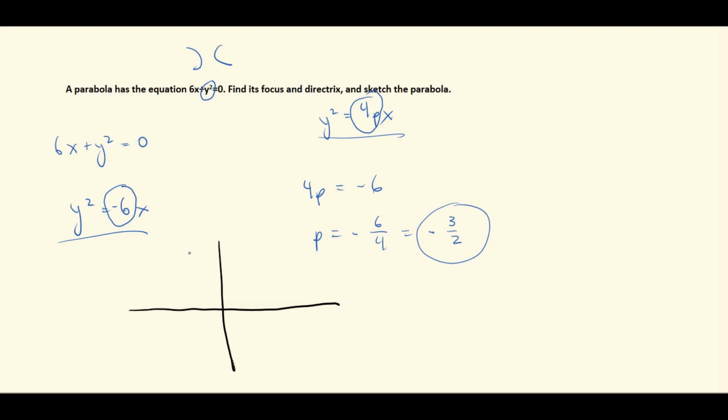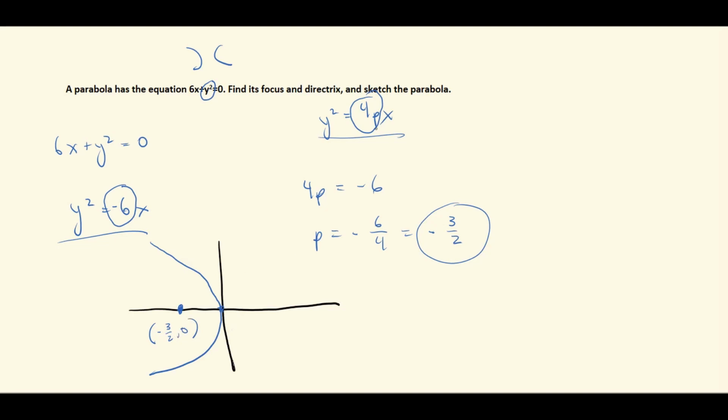Okay, so our parabola is centered at the origin. It's going to open to the left. We know what p is. P is negative 3 over 2. The focus is going to be a distance of 3 over 2 in this direction, which means that its point is negative 3 over 2, 0.